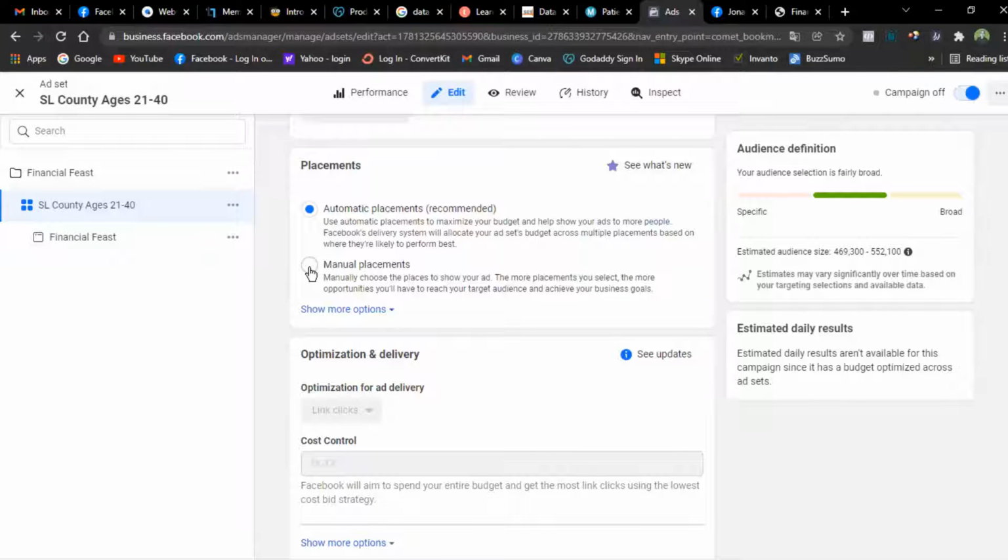I use automatic placements in retargeting because when you retarget, you want that feel of being kind of everywhere. They see your ad in Messenger, in newsfeed, in stories, in search. But when you're just promoting, say, a lead magnet or squeeze page in the front end, I think newsfeed is enough.